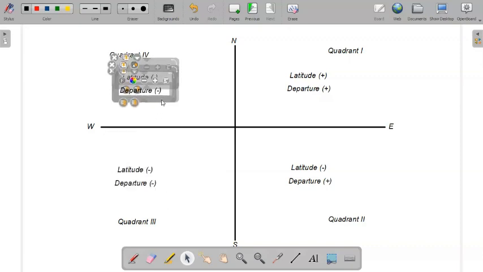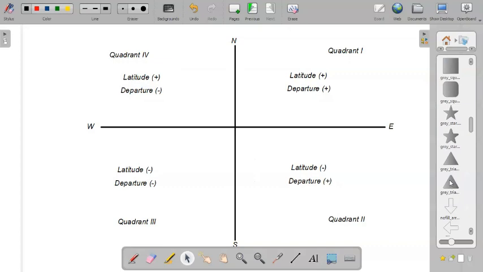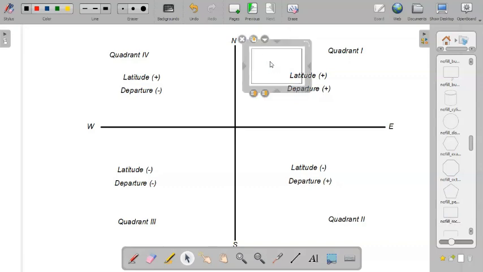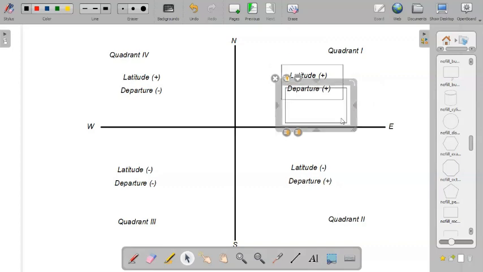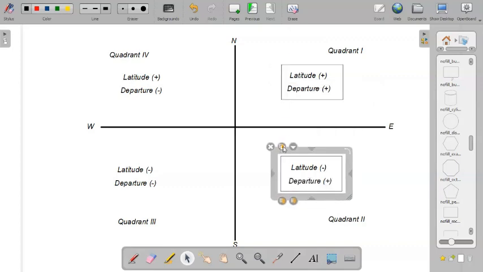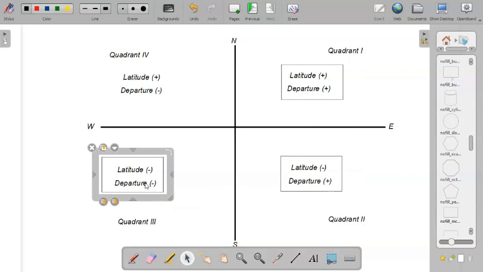On the fourth quadrant, your latitude is positive and your departure is negative. So this is how you recognize the sign of your latitude and departure. This is the basic, so don't ever forget this.